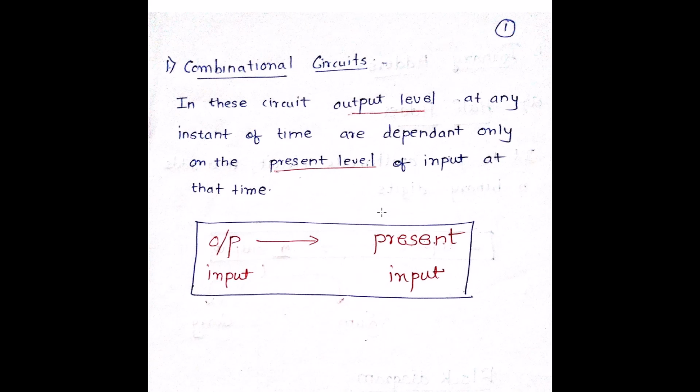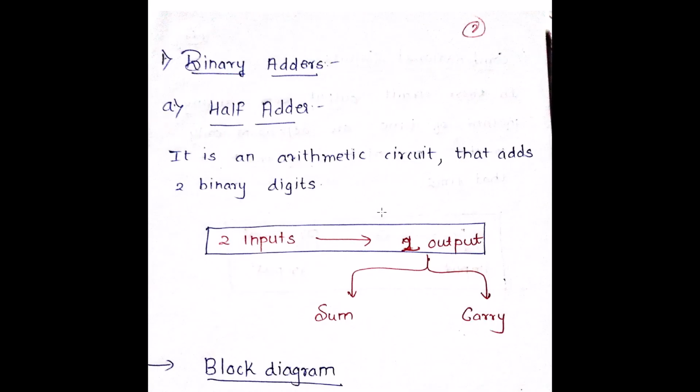So let's start with the first combinational circuit, that is the binary adders, in which we'll be talking about half adder and full adder. So what is basically a half adder? A half adder is an arithmetic circuit that adds two binary digits. So there are two inputs and there are two outputs.